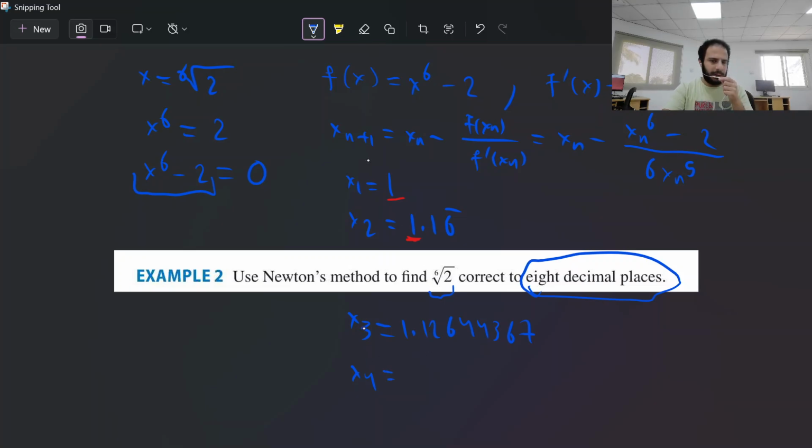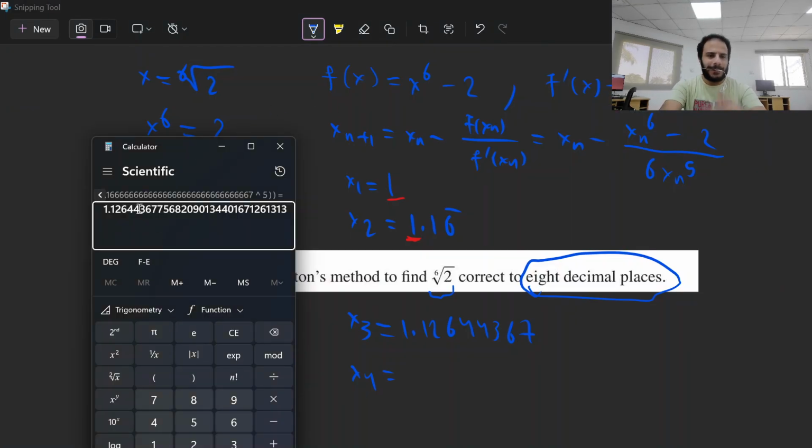You keep finding more values until you have 8 decimal places, okay? But before that, let's continue. So Control C this value again, which is x3.